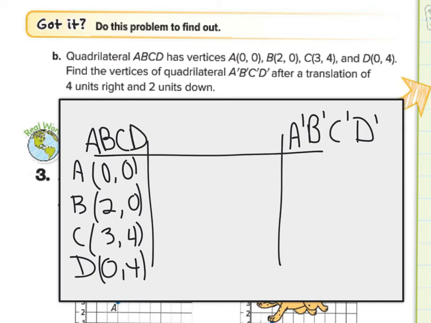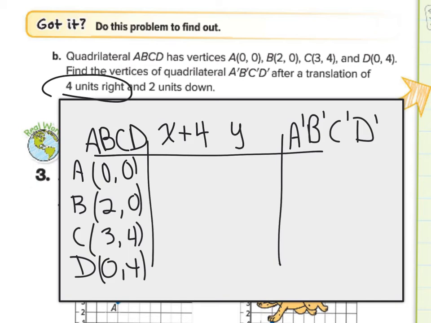The rule is here in the middle. For my quadrilateral with these coordinates that I've just written down, find the vertices after a translation of 4 units right. So 4 units right means my X will have 4 added. 4 units to the right means I'm moving in the positive direction, and 2 units down.